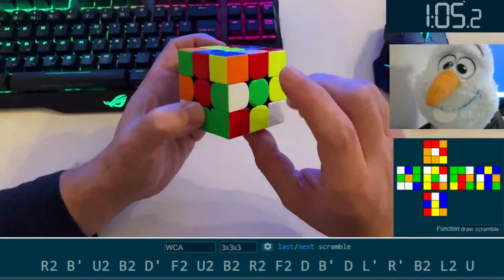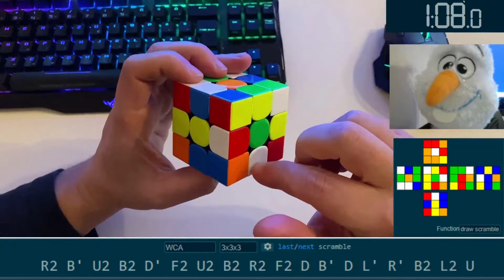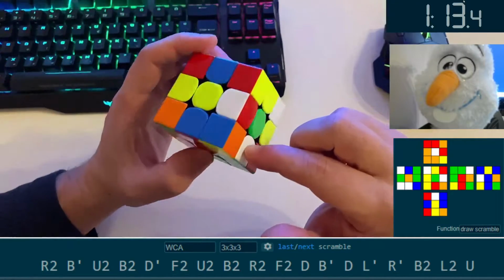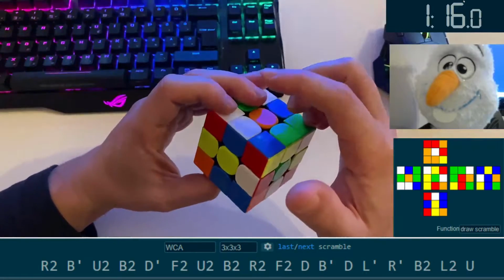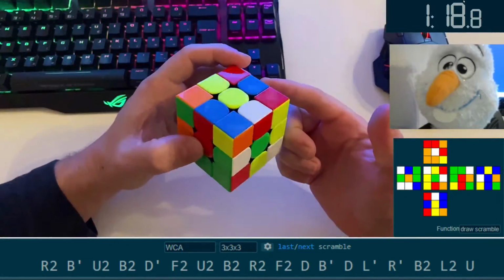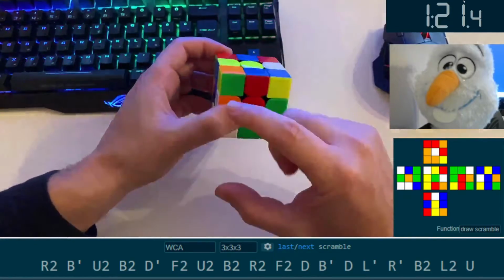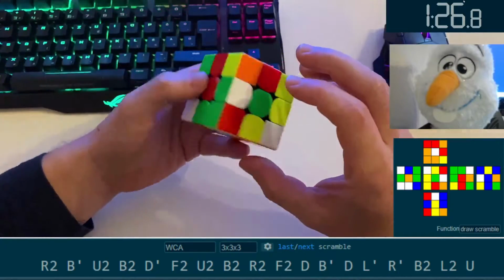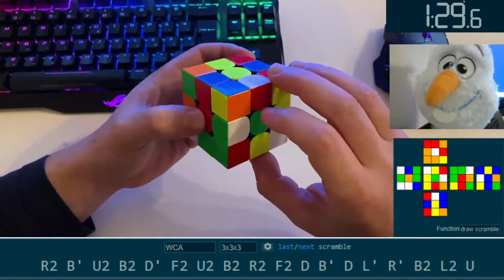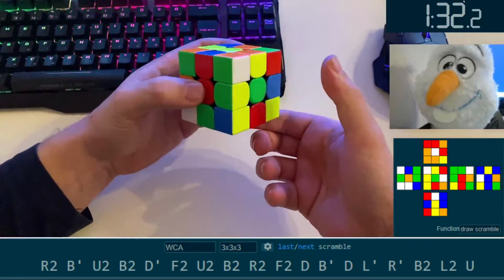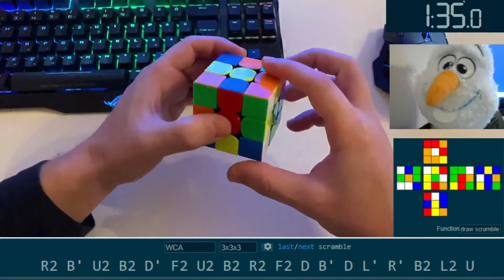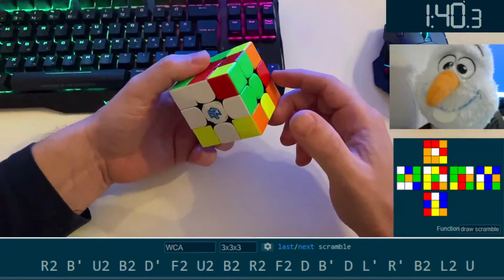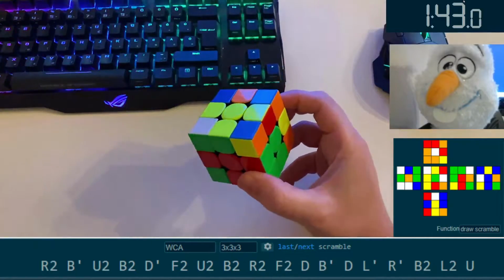Okay, red can set up green, which will set up blue, then a D, and we can insert orange and blue after that. So that's good. 1, 2, 3, 4, 5, 6. 6 is good.